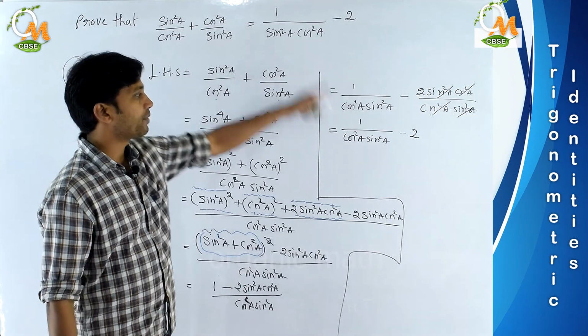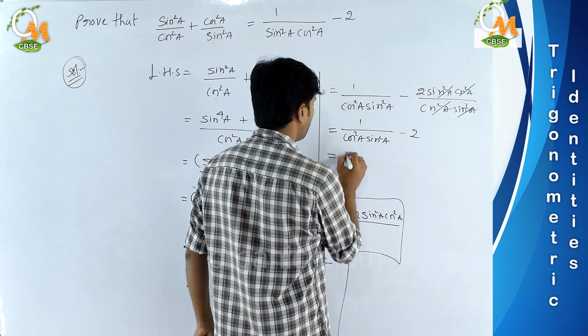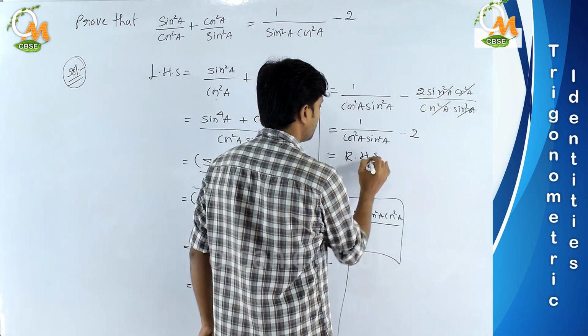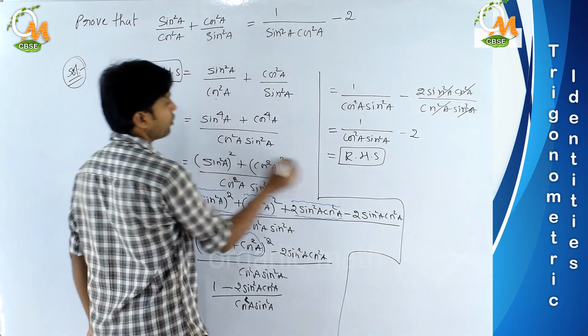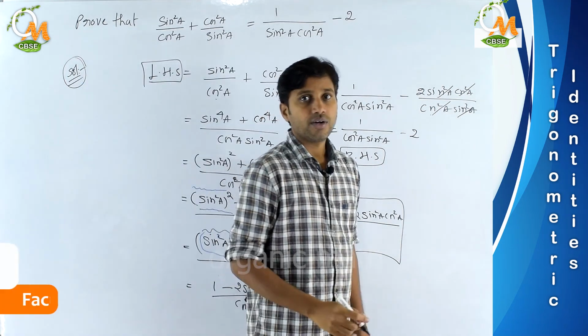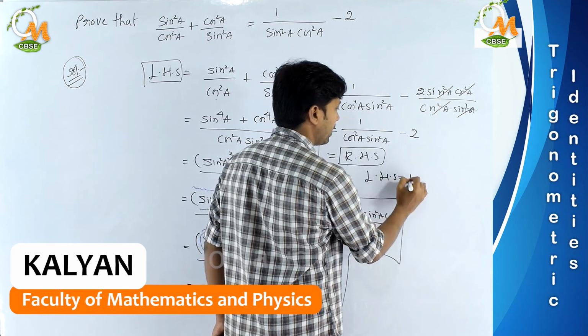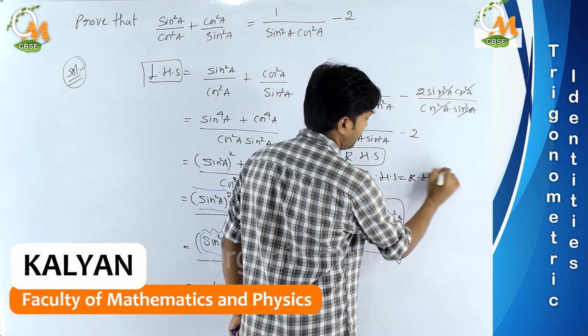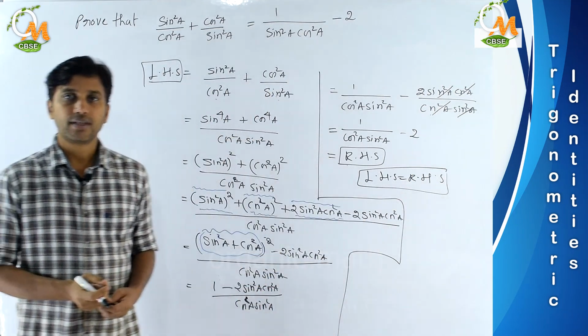I think we obtained our required result. Like this we can do. So anyhow we got our RHS. We took the LHS part and could obtain the RHS part. Therefore LHS equals RHS, and we solved the problem. Understood? We proved it.